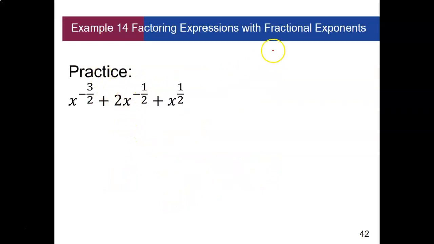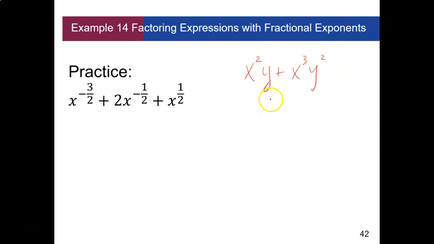Okay, looking at this, we want to be able to factor out fractional exponents. So when we look at this, I want to give you an example here. Okay, when I go to take out my greatest common factor on this one, what I see is that I take out each base to the lowest power.